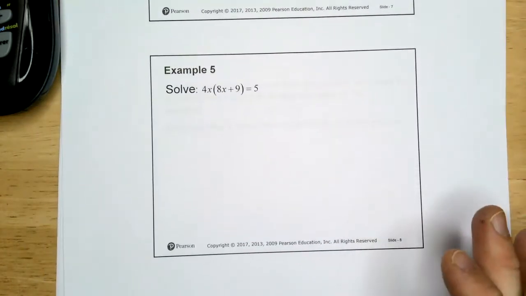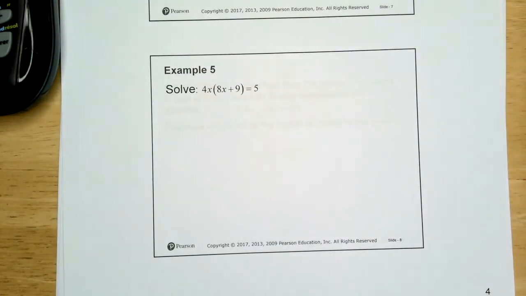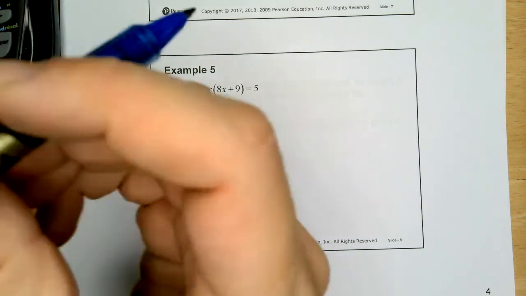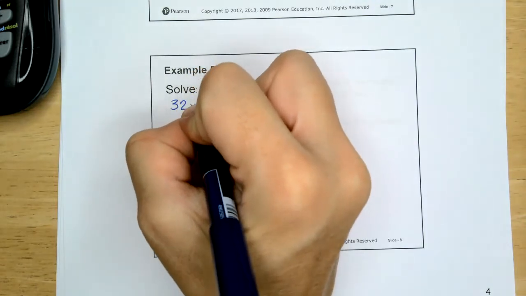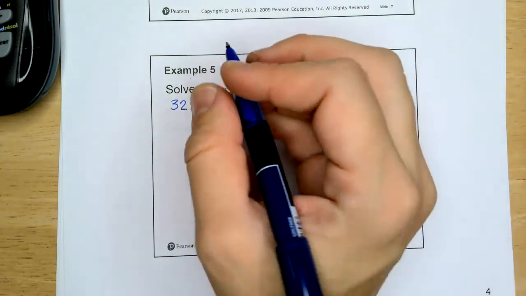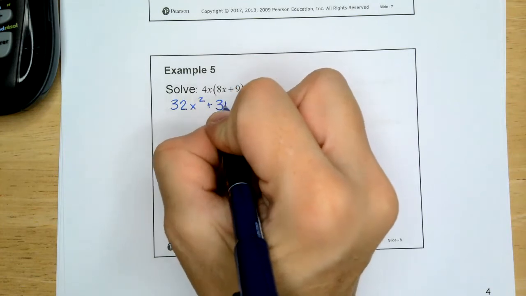Okay. Solve 4x times the quantity 8x plus 9. So first we need to put it into standard form. 4x times 8x is 32x squared. 4x times a positive 9 is 36x.